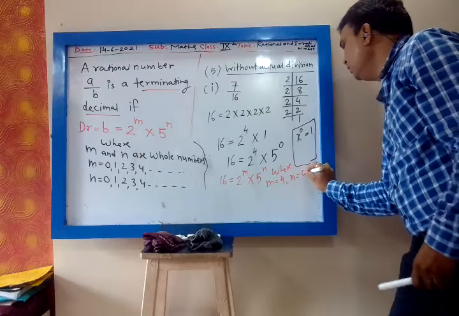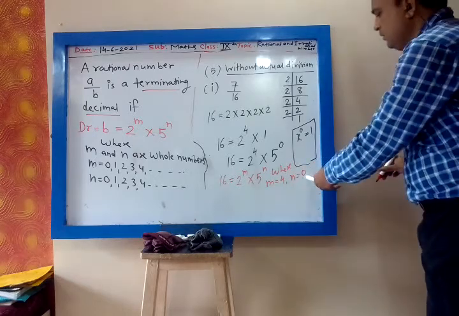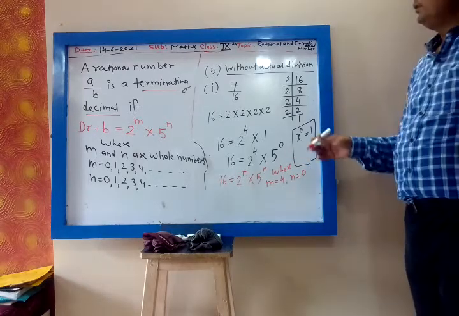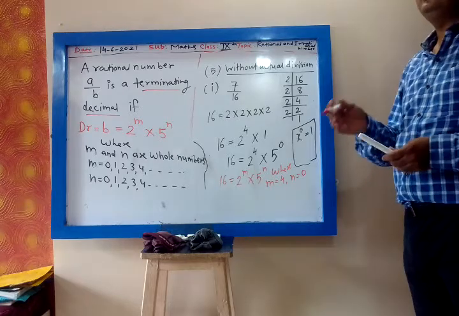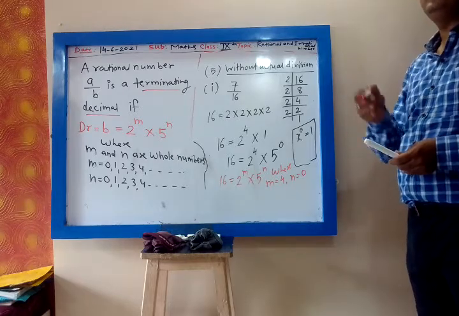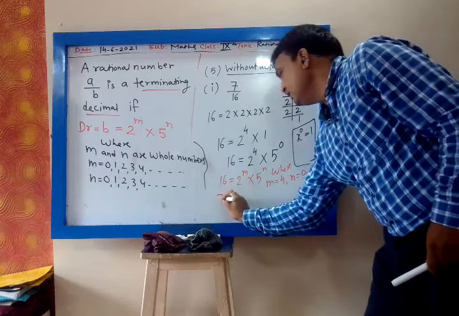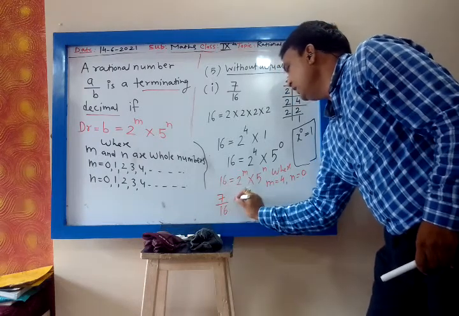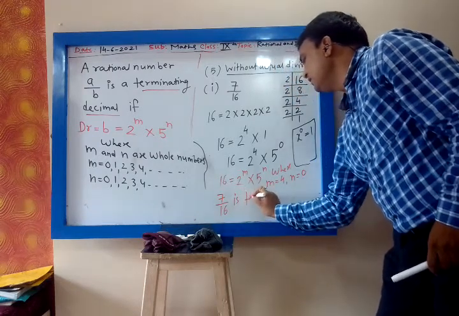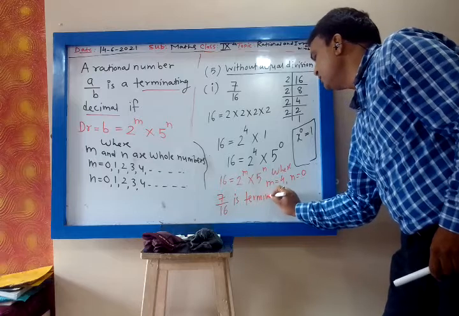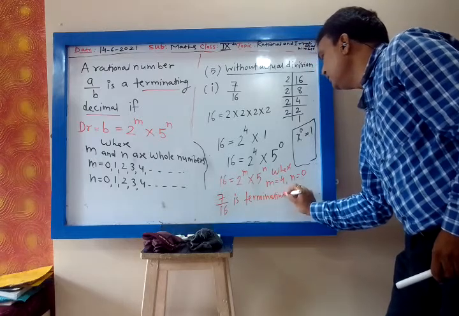Both are whole numbers. 0 is also a whole number, 4 is also a whole number. So if the denominator can be expressed in the form of 2 raised to m into 5 raised to n, then it is a terminating decimal. So 7 upon 16 is a terminating decimal.